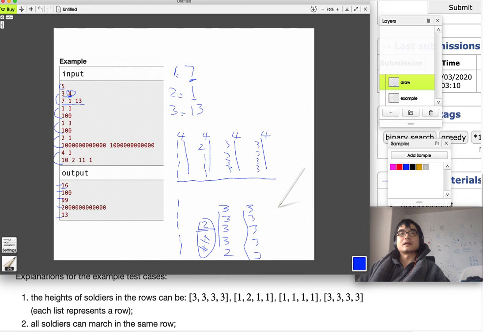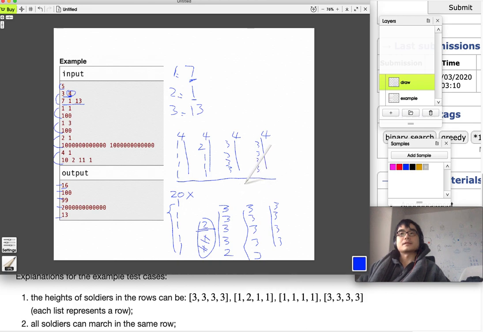And there are still 4 left, right? But these 4 people cannot form a row with 5 people in it. So we cannot satisfy the condition with 5 people in each row, right? So the answer of 20 people in the parade is not valid, right?